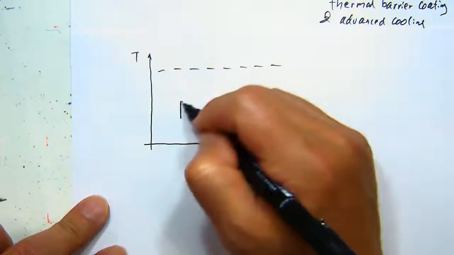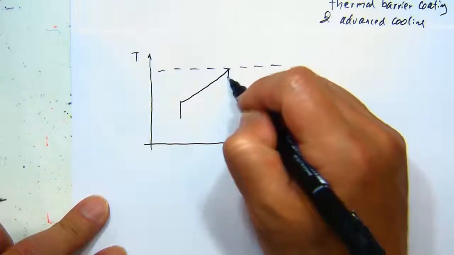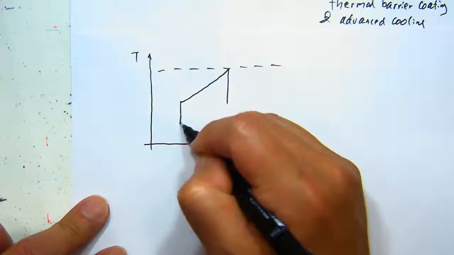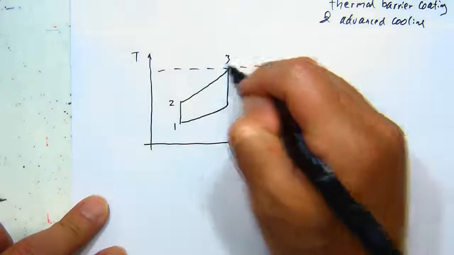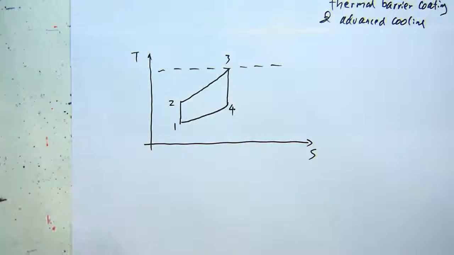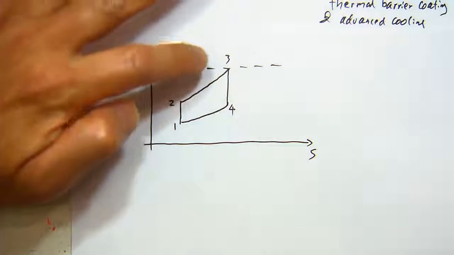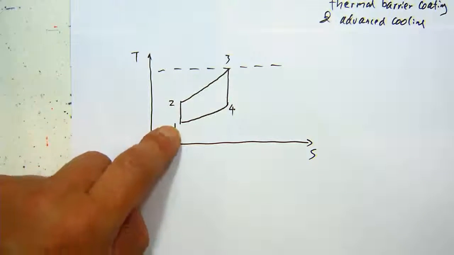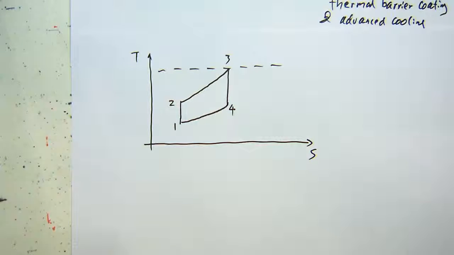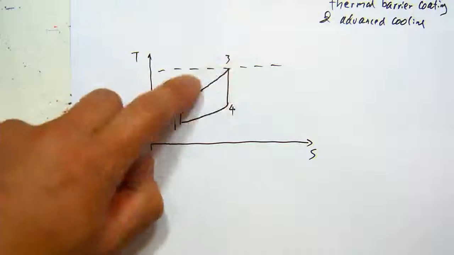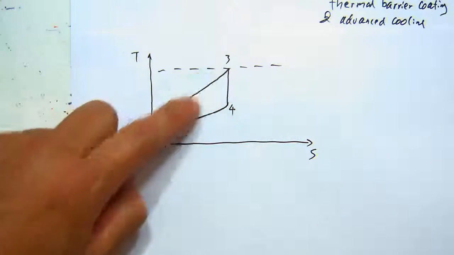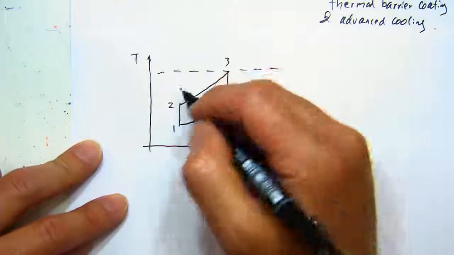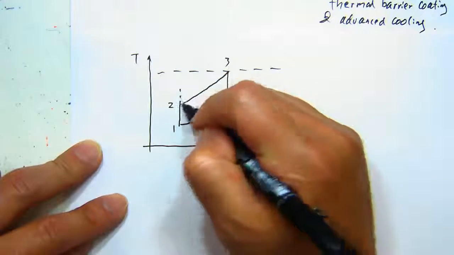Then we can have multiple ways to realize our cycle. 1, 2, 3, 4. So with the T3 being fixed and with the inlet being fixed, basically that's the ambient temperature and ambient pressure. So we still have different ways we can operate between these 2 points, right? From here to here. So this is one way. I can do this in another way.